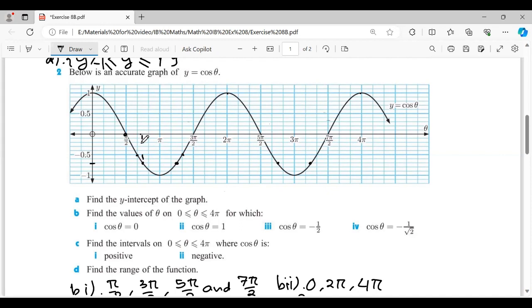We can divide it into 4 parts. This is 1 over 4, 2 over 4, 3 over 4. It is 3 pi over 4.